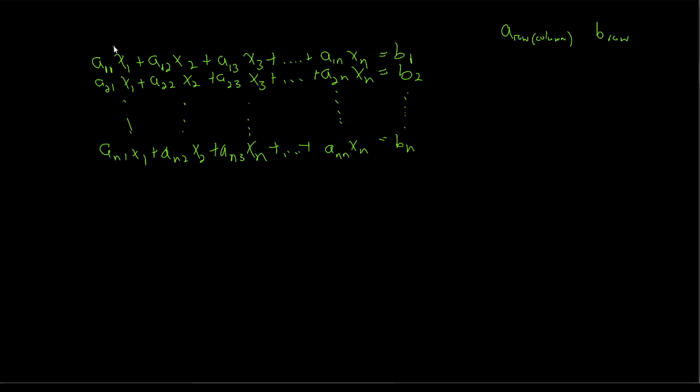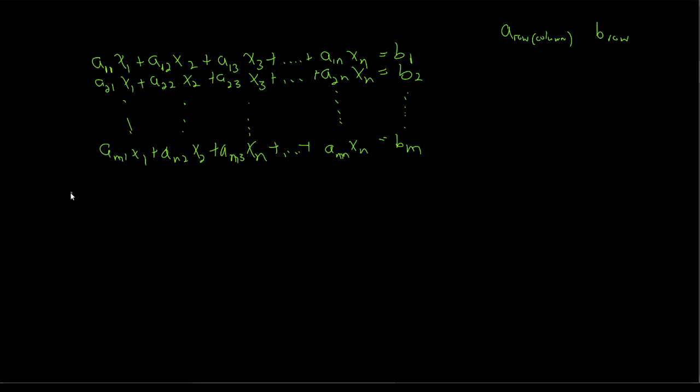And so here we have n unknowns and n equations in this case. And I could generalize this because I could have fewer equations than I have unknowns. So let's make this m and n.